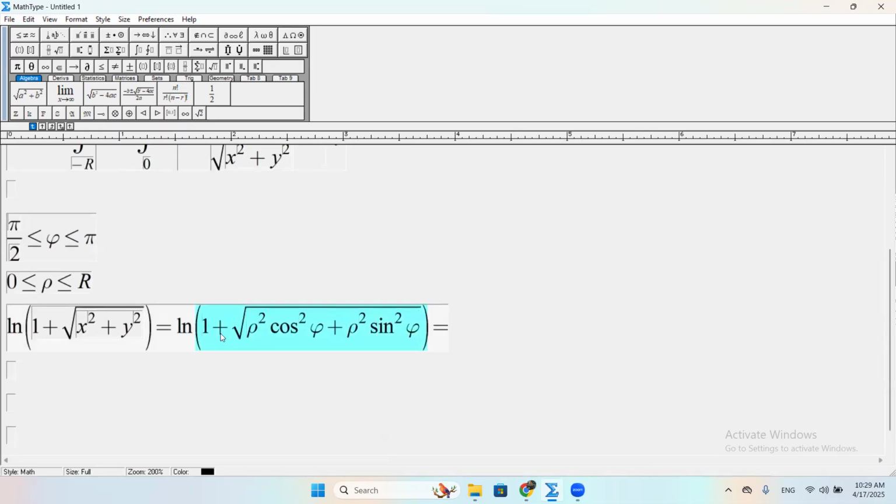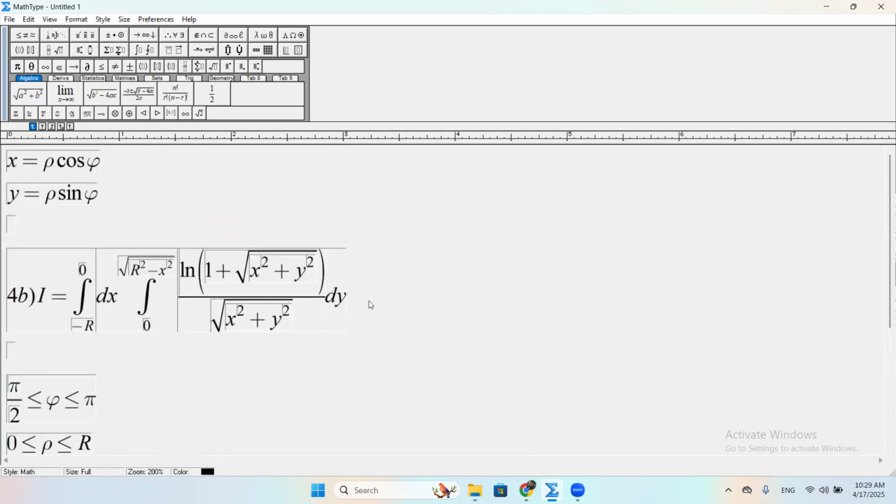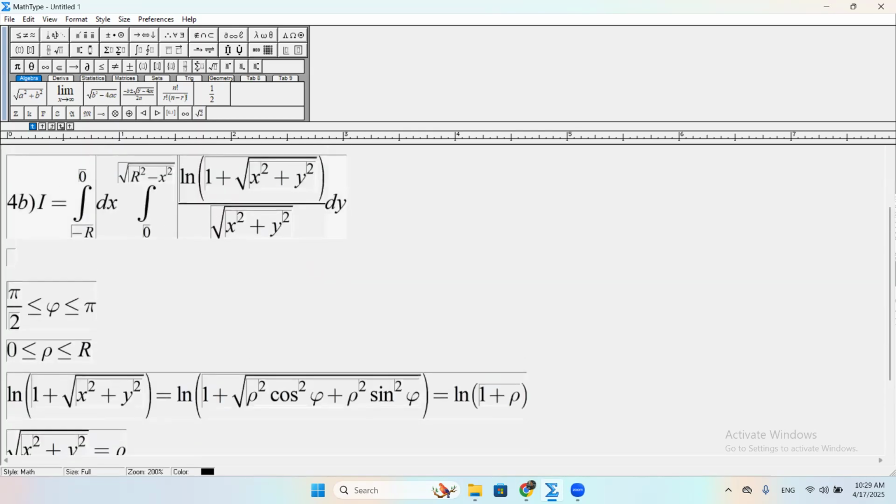If we simplify it, we will receive the expression 1 plus rho under the logarithm, and the other expression will be equal to rho. So now we can move to polar coordinates, and we will see how this integrand will be simplified.